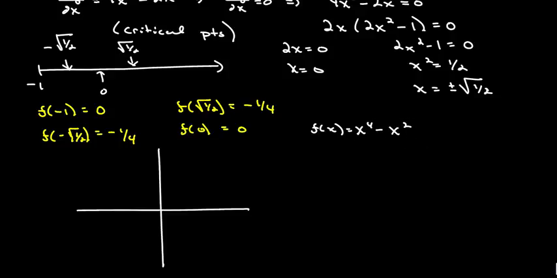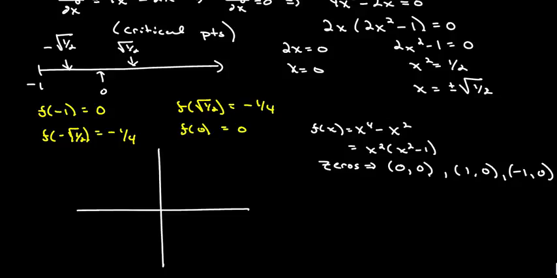Well, this factors into x squared times x squared minus 1, which tells me that it has zeros when I plug in 0 for the x value, and when we solve this, when we plug in 1 and negative 1. So at 1, we have a 0, and at negative 1, we also have a 0.